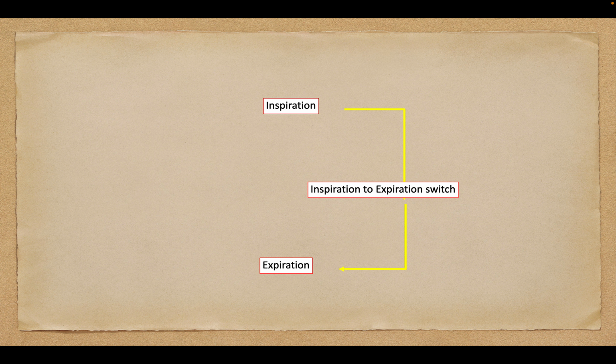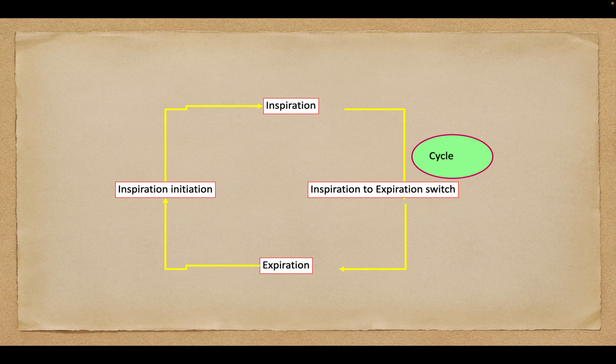It is a switch from inspiration to expiration, and this is the cycling, and we will come to that later. When the expiration ends and the inspiration starts, there is another terminology which we will again have a look at.